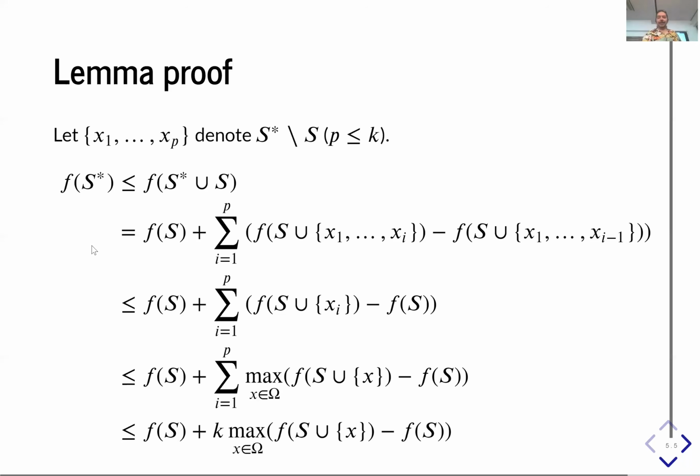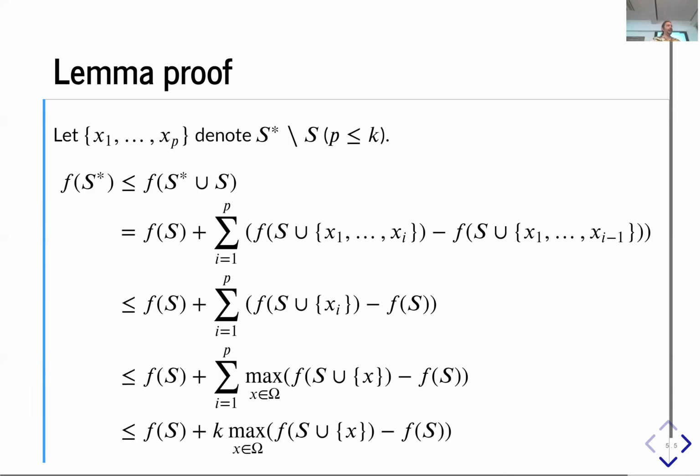So it is F of S minus F of S plus F of S union X1 minus etc. And you rearrange to make the differences between X1, X2, ..., Xi and X1, ..., Xi minus 1 appear. It's just a rearrangement of terms.